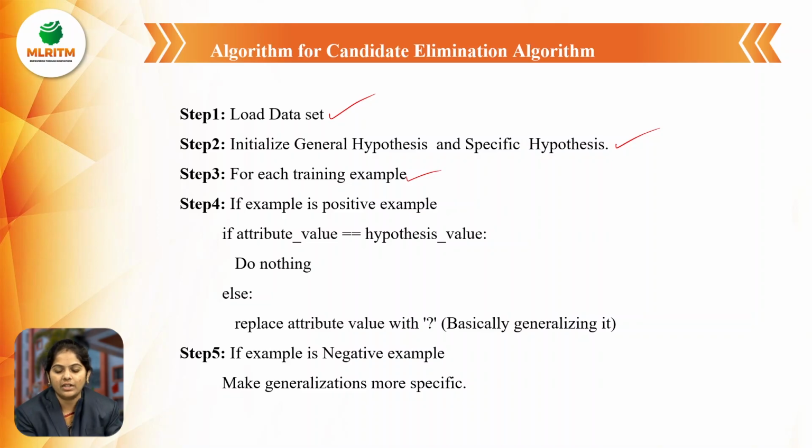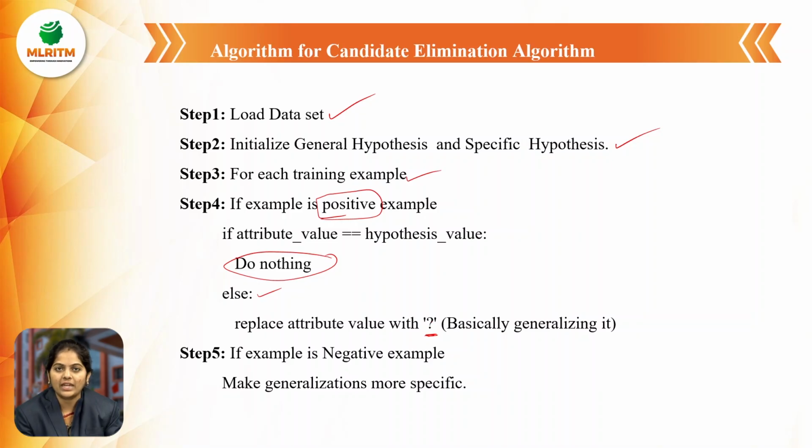We have two different conditions for the positive example and the negative example. First, if the example is positive and the attribute value is equal to the hypothesis value, we do nothing, else we replace the attribute with the question mark. This is the same as the find-S algorithm.